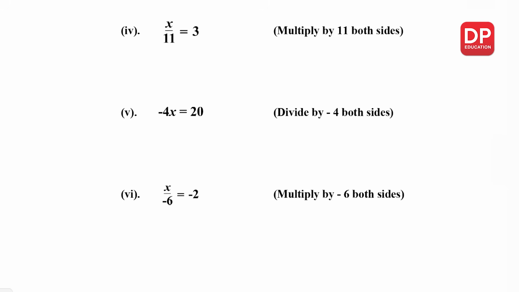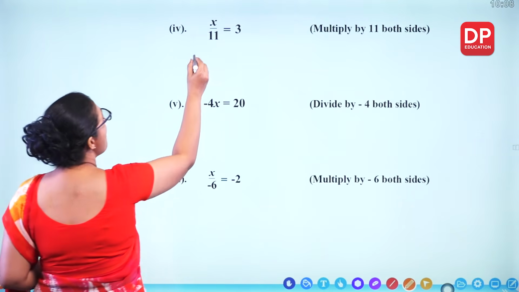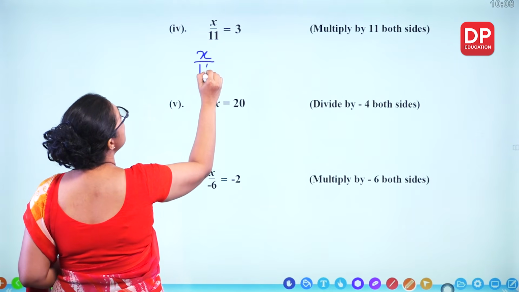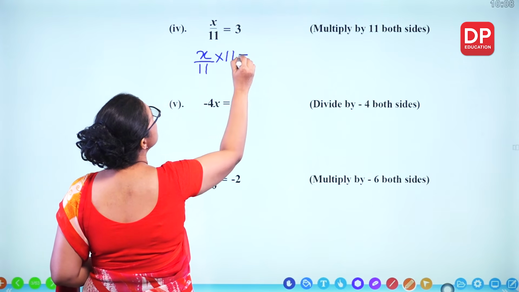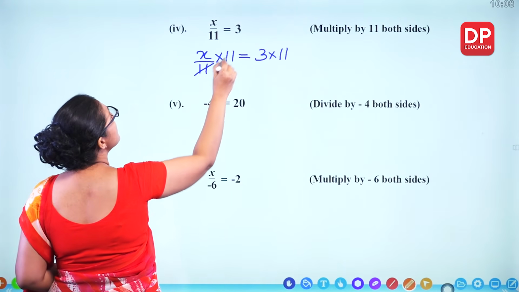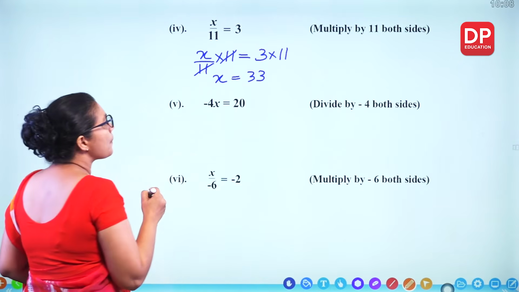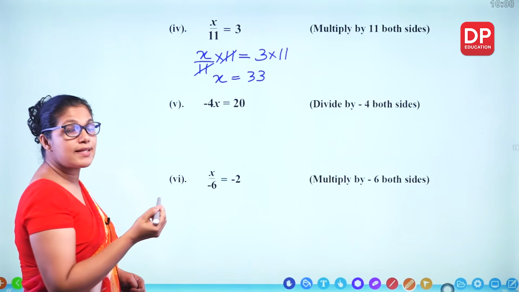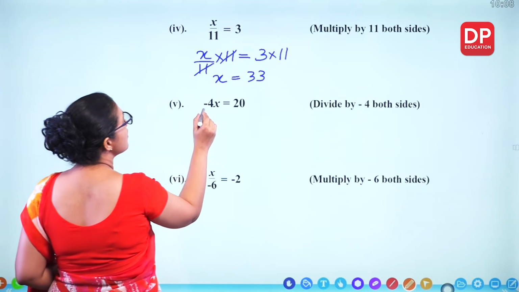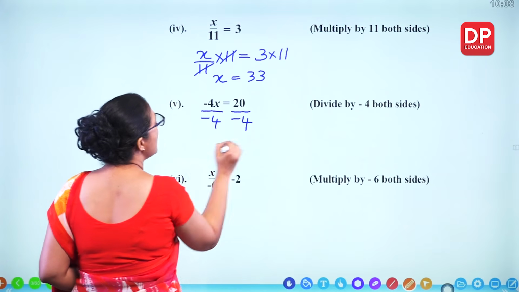Now this one is already divided by 11. How you get rid of this 11? Multiply both sides by 11, you get x equals 33. This one, minus 4x equals 20. So how you get x? You divide both sides by minus 4.